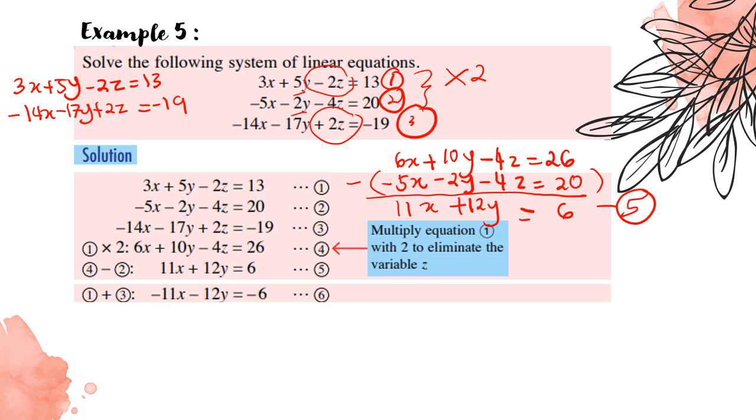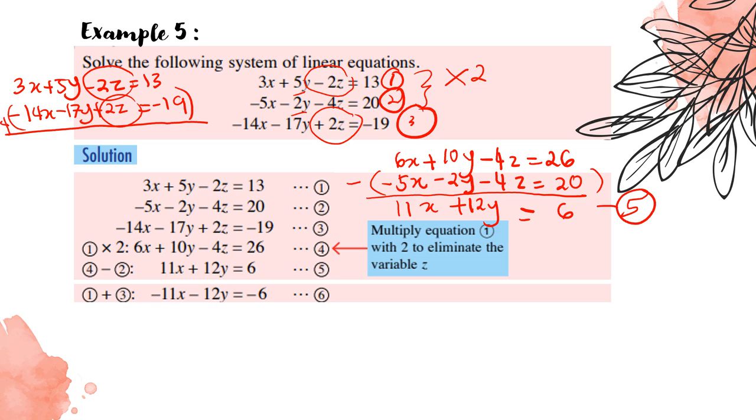Which operation should I use, addition or subtraction? If I use subtraction here, the z terms will not cancel, so I have to use plus.